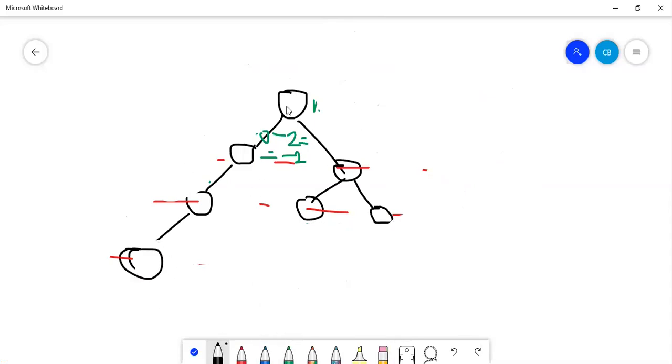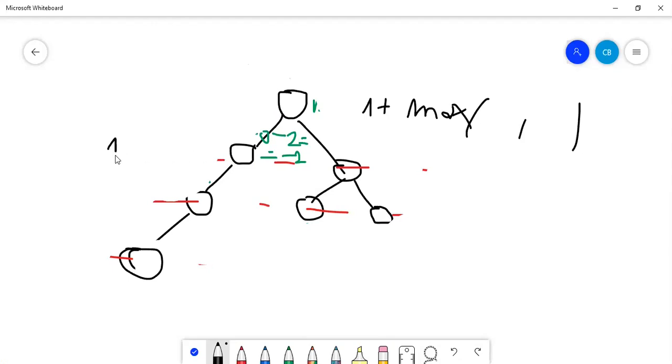The first time this recursive function is called, you will have 1 plus max between the values, the recursive call on left and right. Now this call waits for the value here and the value here in order to determine the max. And now we go on the left side.